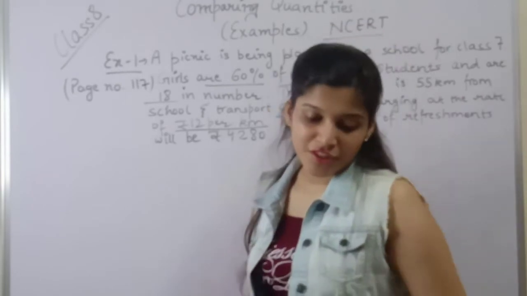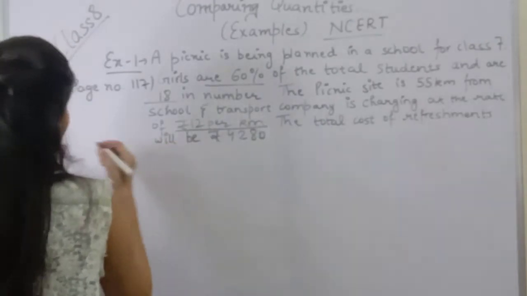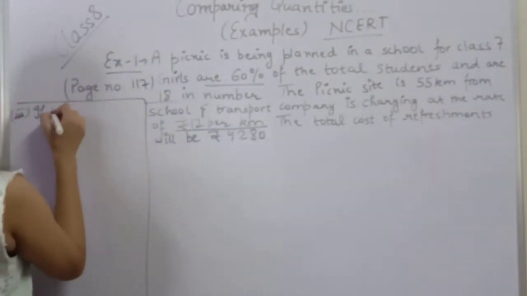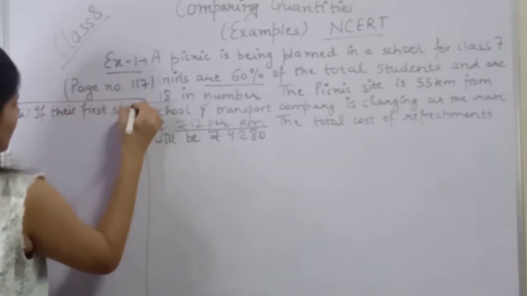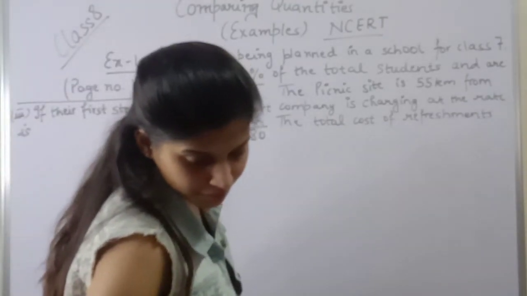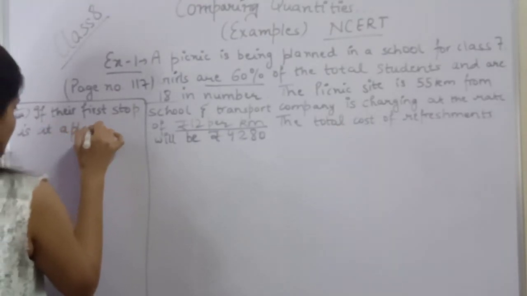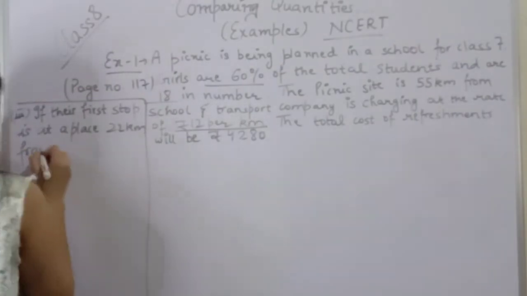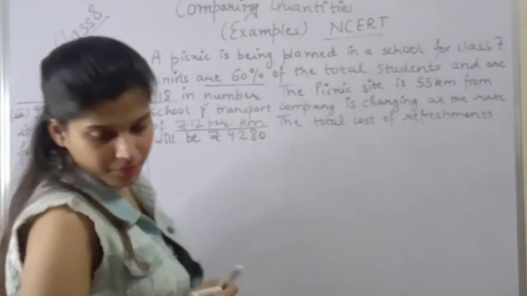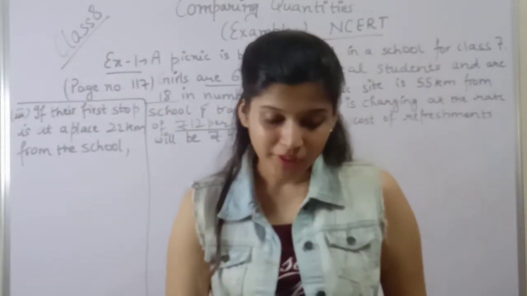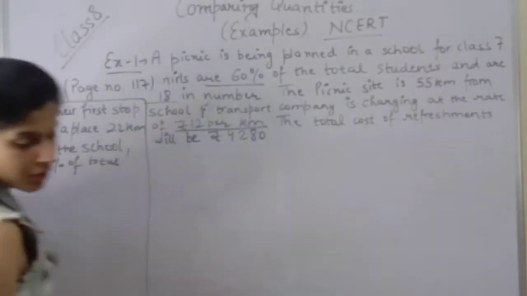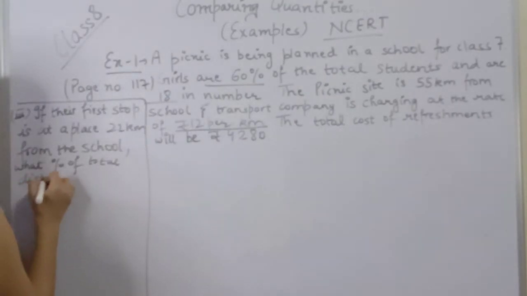The third part is, if their first stop is at a place 22 kilometers from the school, what percentage of the total distance of 55 kilometers is this?